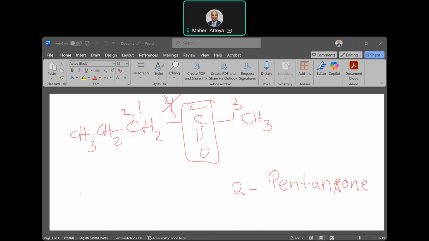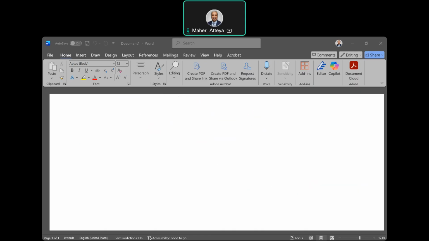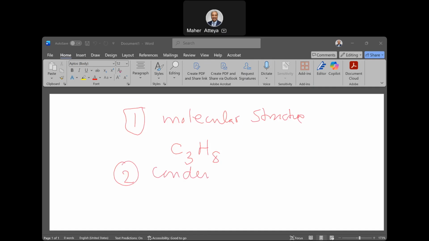And we can go and look at the last thing here, types of structures. We have molecular structure. This is C3H8. Then I can make out this molecular structure as a condensed one. Condensed structure. This condensed structure shows just the bonding between the carbons, not the hydrogens.